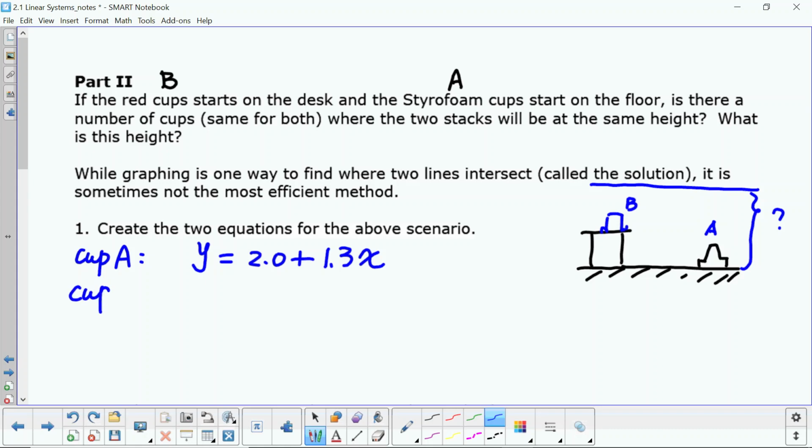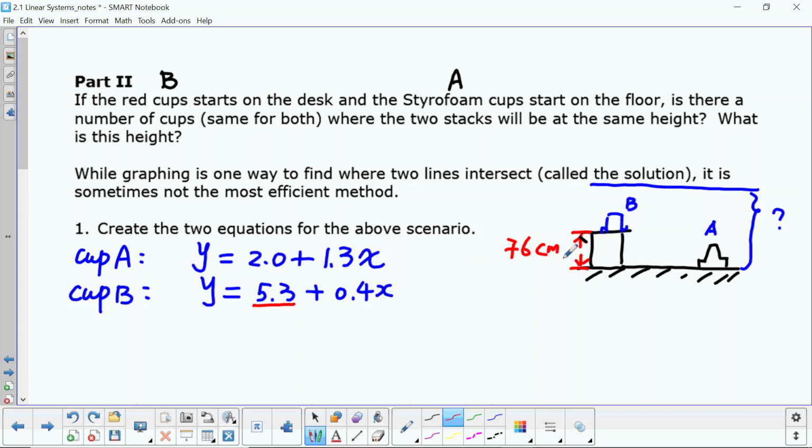Then for cup B, before, the equation is y equals 5.3 plus 0.4x. But now the initial height is higher, the height of the desk. The height of the desk, we made a measurement. It is around 76 centimeters. Then the initial height is not 5.3.